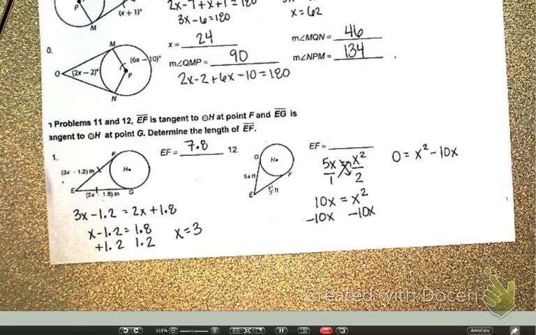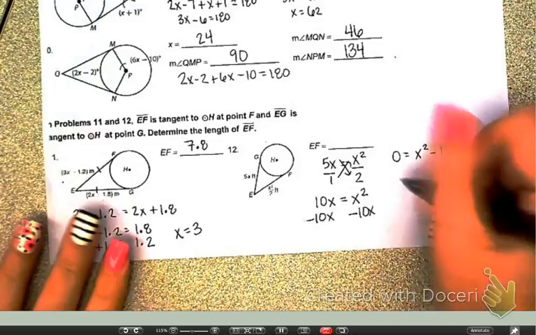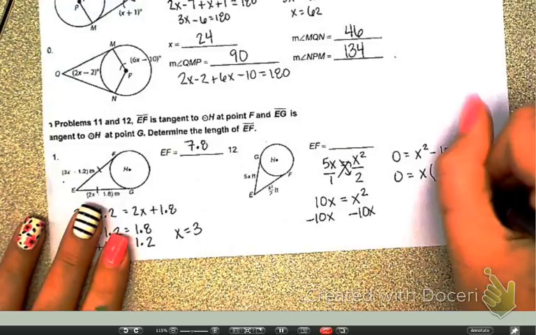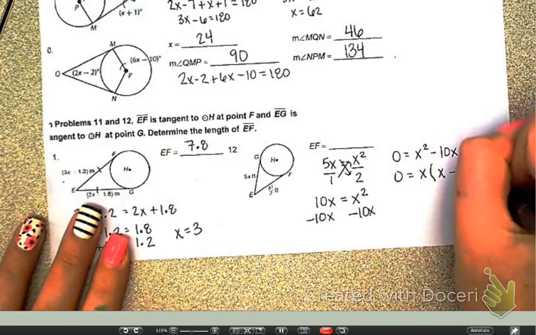Who said that? Alyssa. Oh, Kat said it? Take an x out? What's that called? Starts with an F. Factoring. It's our favorite F word. Okay, so we are going to factor out our greatest common factor, which is x, which leaves me with x times x minus 10.